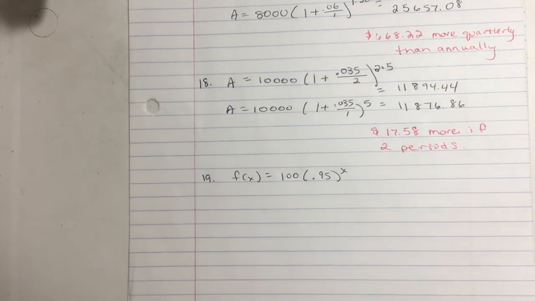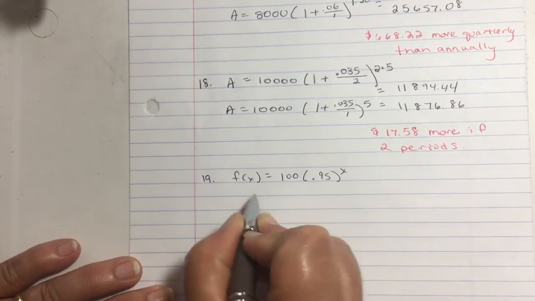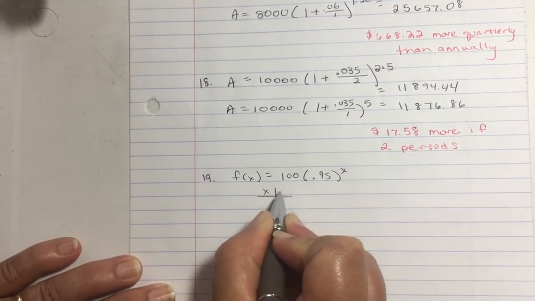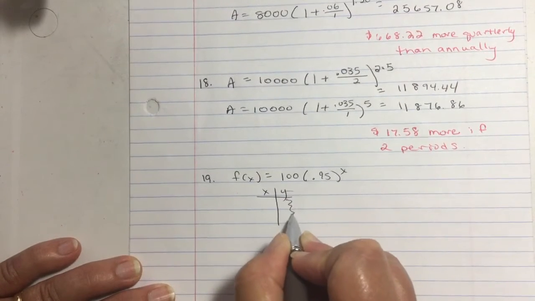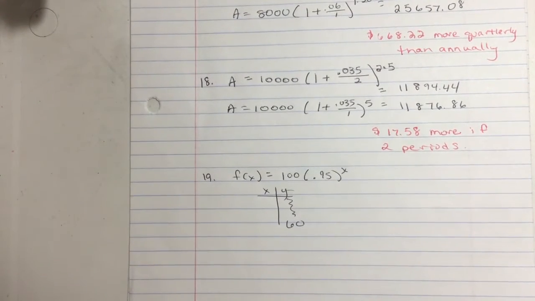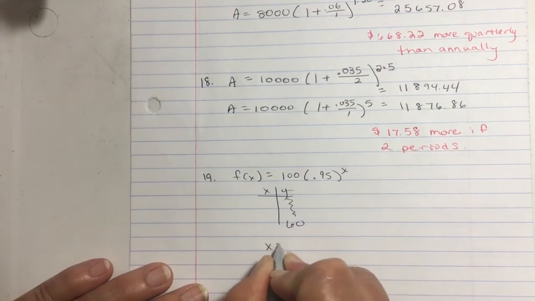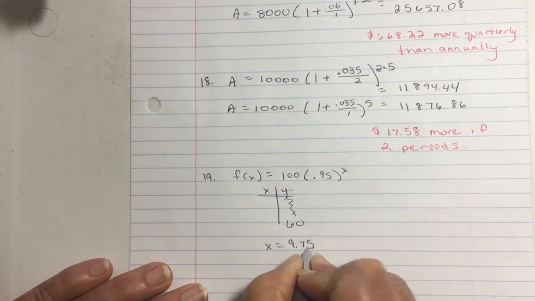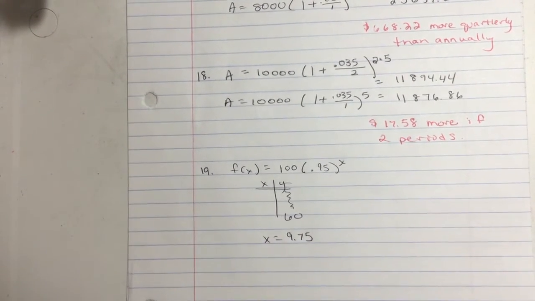Now you're looking for where that is going to give you an f of x of 60. So you're going to look in the table on the calculator. You're going to go down looking for a 60. Okay. It is going to be somewhere between the 9 and the 10. I was able to get a 9.75 as a really good estimate. I would say if you have a number on your paper that's between 9 and 10, that you have done a really good job on 19.